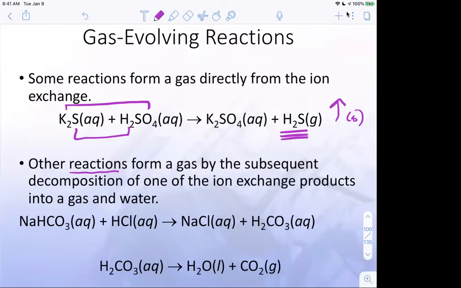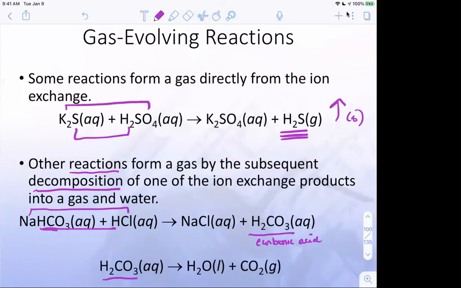Other reactions will form a gas by the subsequent decomposition of one of the ion exchange products. So here I have sodium and chloride, and then my other ion combination is going to be the H from the HCl and the bicarbonate. That gives me this, which is carbonic acid.